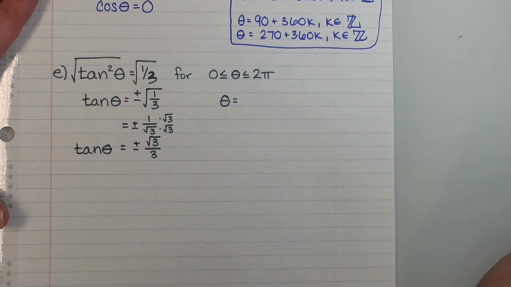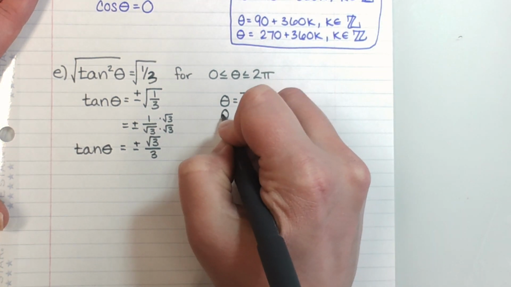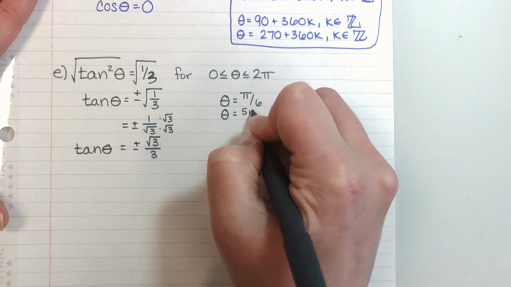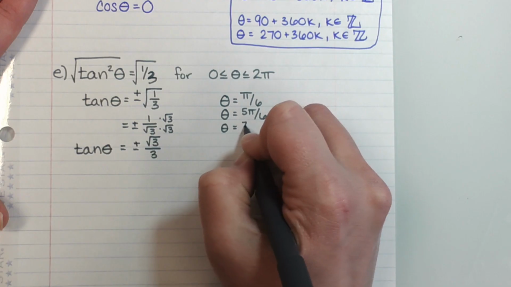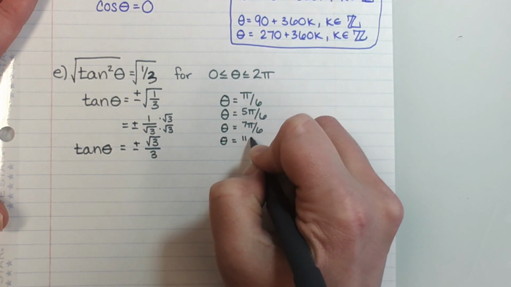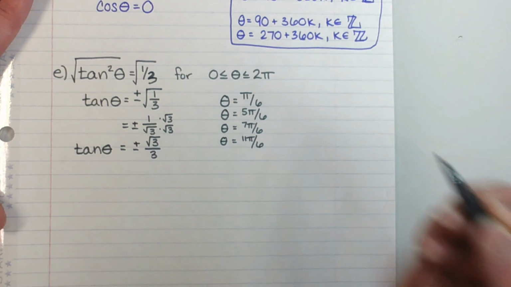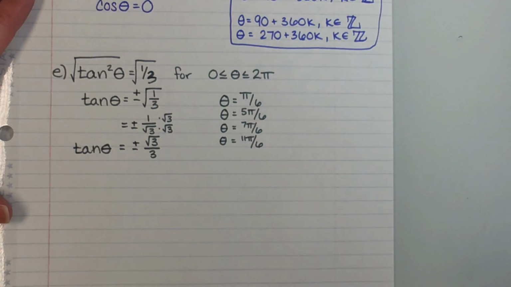Pi over 6, 5 pi over 6, 7 pi over 6, and 11 pi over 6. Before you are done, always check to make sure you've answered in the correct units and that you have all of the answers at once. Yes and yes in this case.